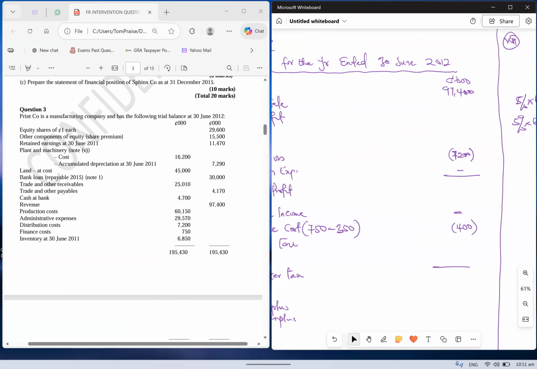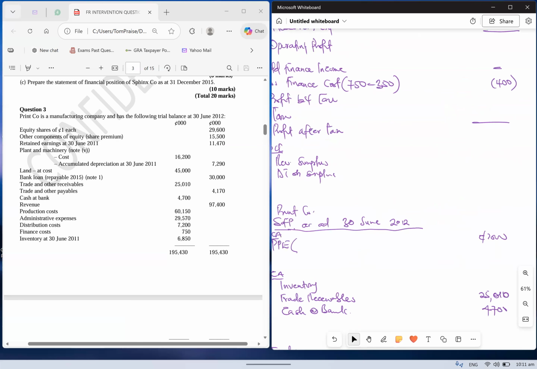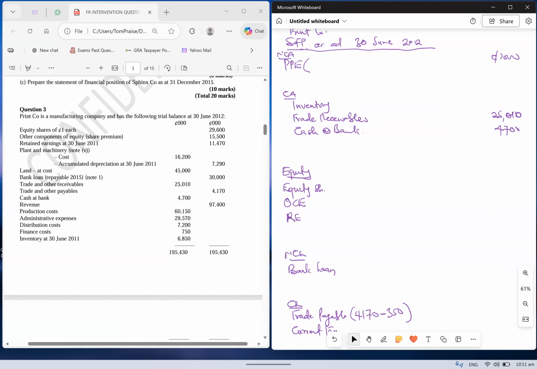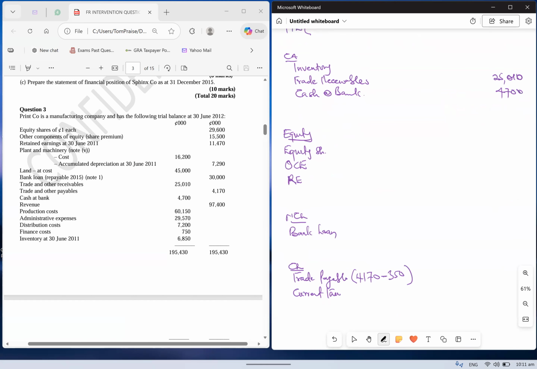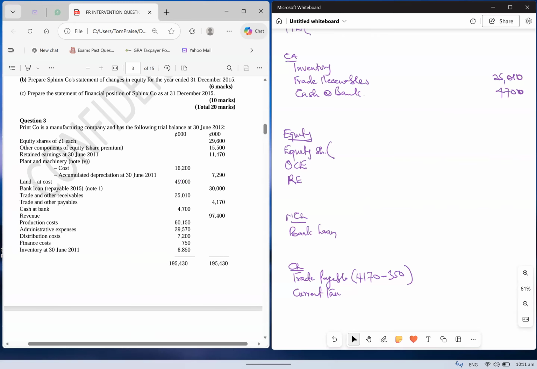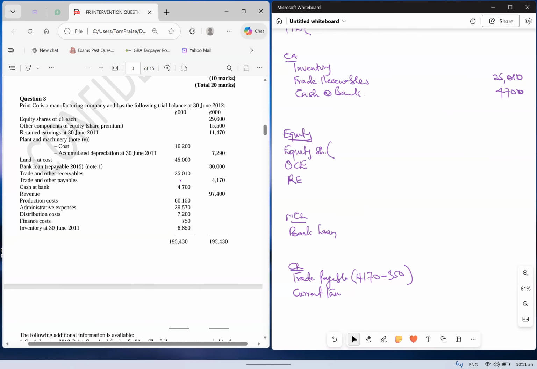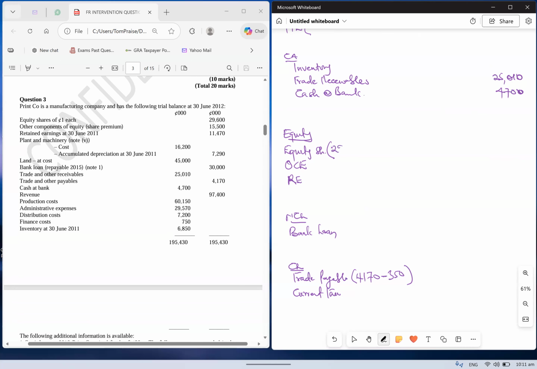Each one you see, you go. It looks as if this one doesn't have anything to do with the P&L, that side. So equity shares, what do you have? 29,600. So you will add the 7,000.